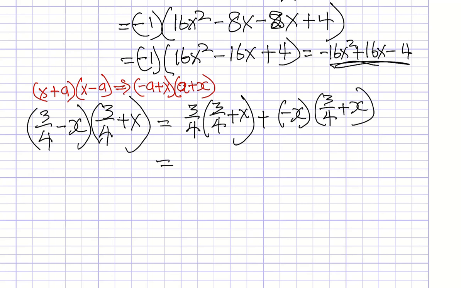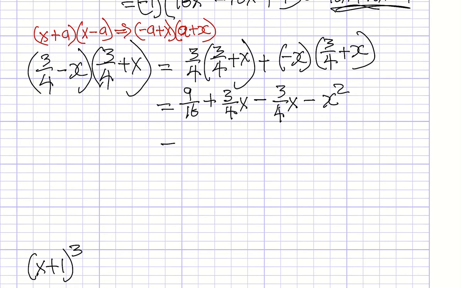Then you multiply things out. So this will be 9 over 16 plus 3 over 4x, and then negative 3 over 4x, and then negative x squared. You see that, right? And then you keep simplifying.